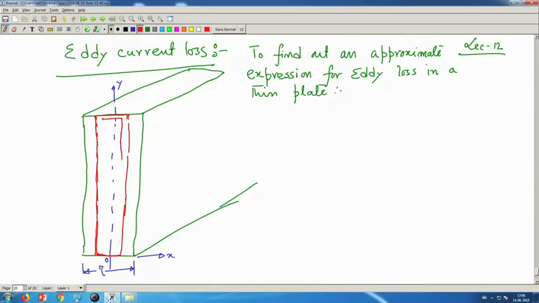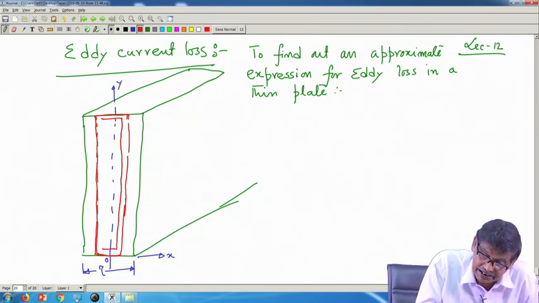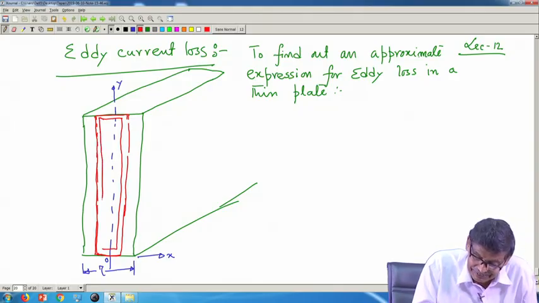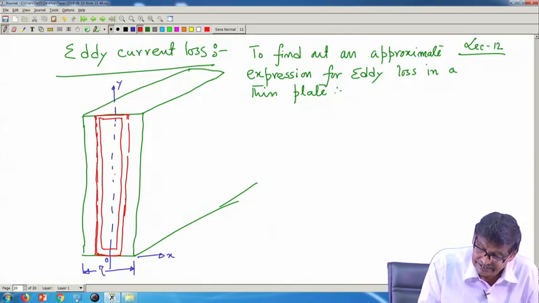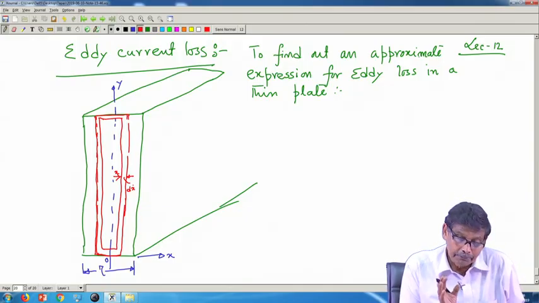Let me complete, then I will explain. See, within that thin plate, I have considered at a distance x, this distance is x, and elementary thickness dx. Why that dx is necessary will be clear.